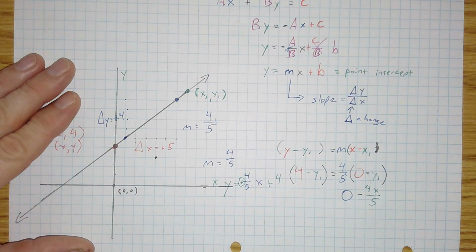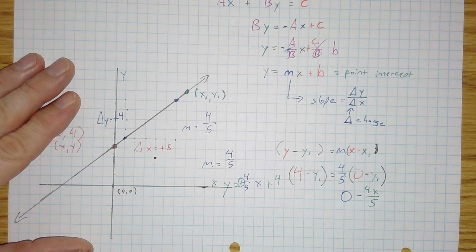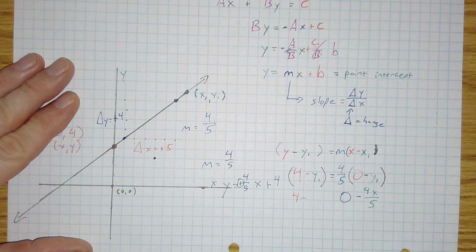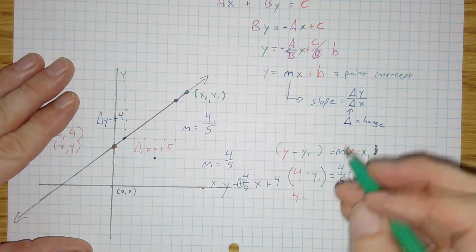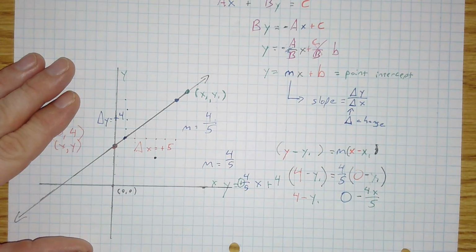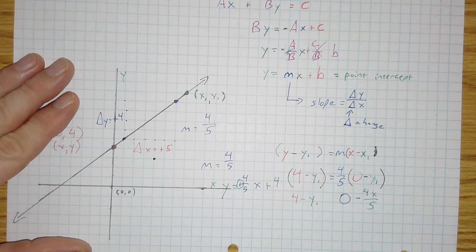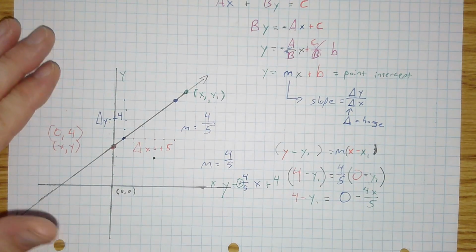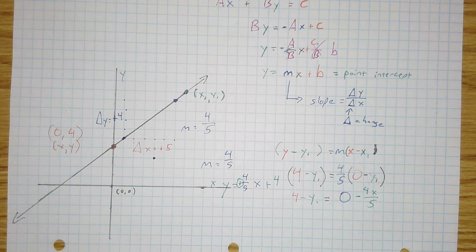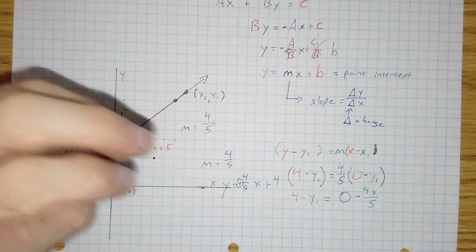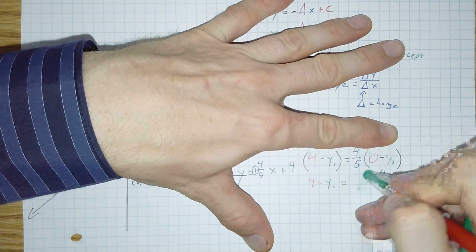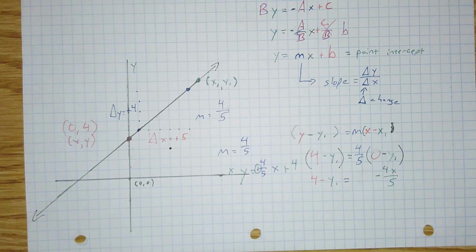Okay, and then over here we're going to have our minus 4 over y sub 1, and it's going to equal this. Okay, so now the 0 is gone, right? So we can just erase this 0 here, and this is what I have here.